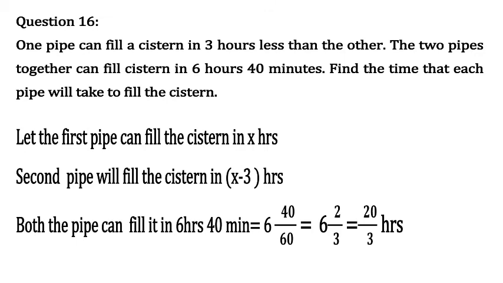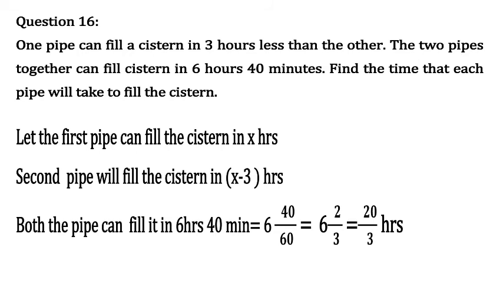Now before we go to the next slide, recall how to write work. The part, or in 1 hour how much the first pipe can fill the tank, that is 1 by x. In 1 hour, how much the second pipe can fill the tank or the cistern, that is 1 by x minus 3.